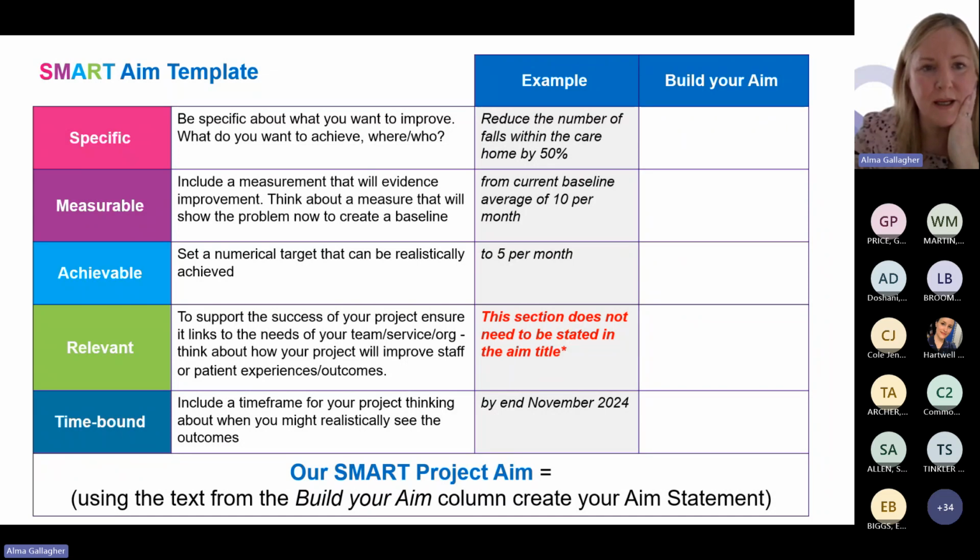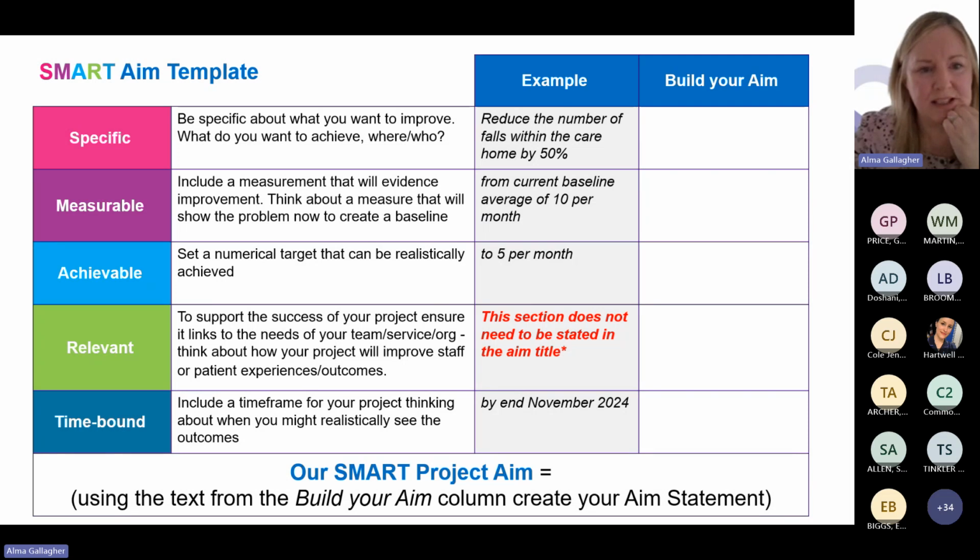So for example, your specific improvement might be to reduce the number of falls within the care home by 50% from the current baseline. So we've got a measurable here, which is an average of 10 per month, and it's achievable. So feeling confident that this could be reduced down to 5 per month, 5 falls incidents in a month.